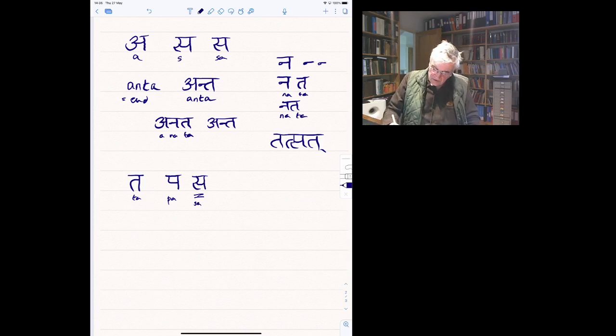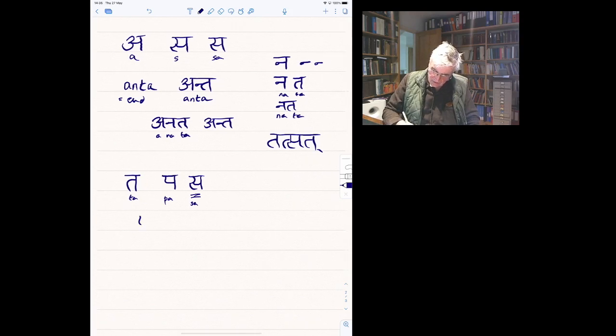Now, supposing I want to write tapas. Austerities, tapas. Ta, pa. This is tapasa, but I put the virama to make it tapas and write the crossbar along the top.